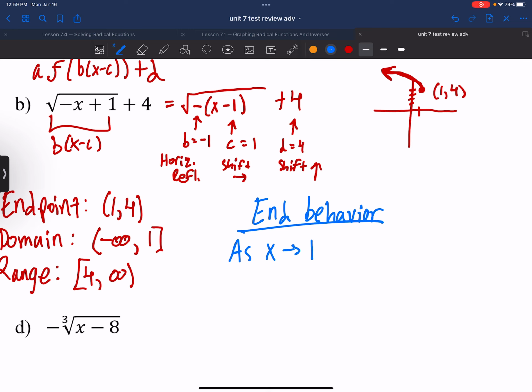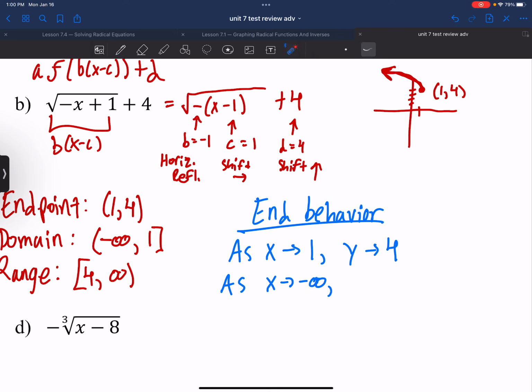So as x approaches 1, y, where is that going? It's going to 4. If I trace along this function, going to the right towards 1, y starts to go down and then stops at 4.